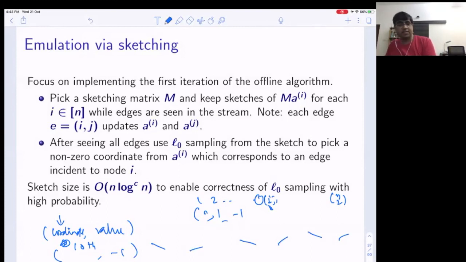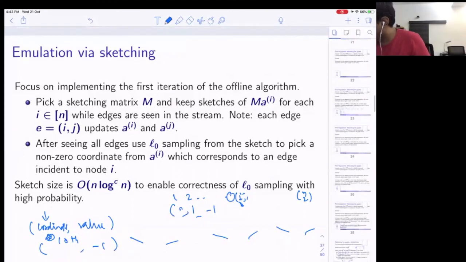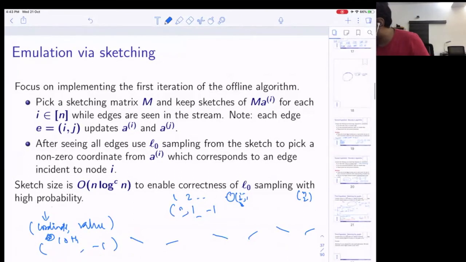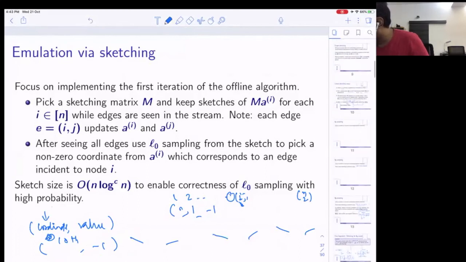So the sketch size is big O of n log Cn to enable correctness of L0 sampling with high probability, because we want each edge to happen. And if you recall correctly, that's the first union property we talked about for our sample matrices.